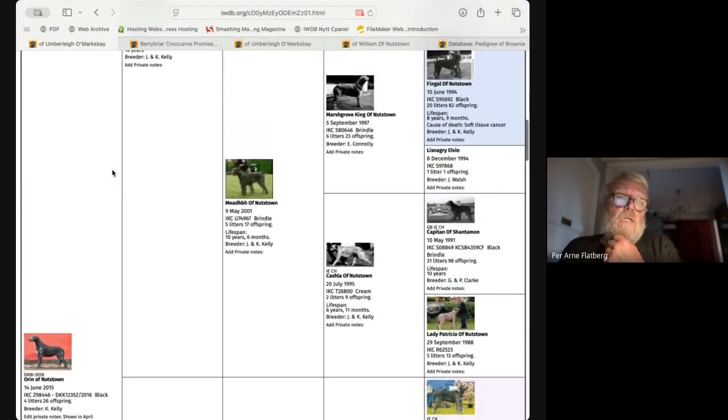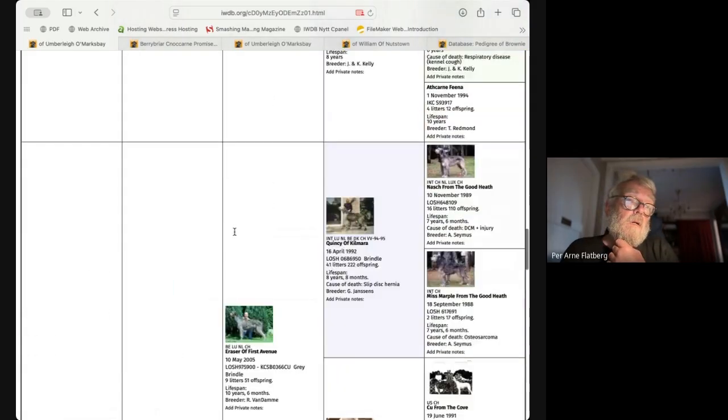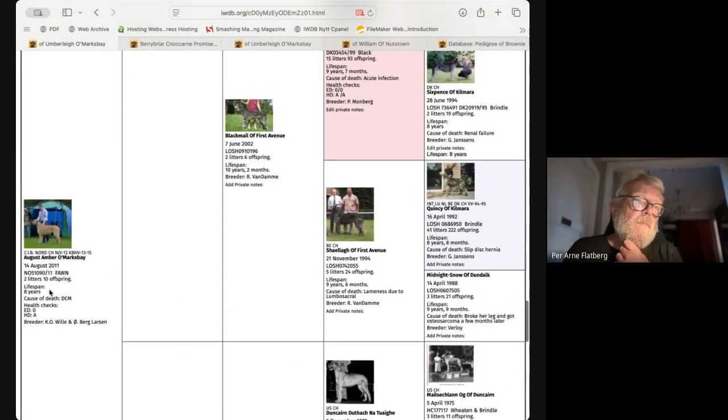On each of these dogs, there's quite a lot of information. You have the name, you have a picture if you have it, registration number, color, the number of litters the hound in question had, the lifespan, cause of death. That's if we have that, like over here, or maybe down on Amber here, cause of death is DCM, and the health checks that are registered in the database, and the breeders as well.